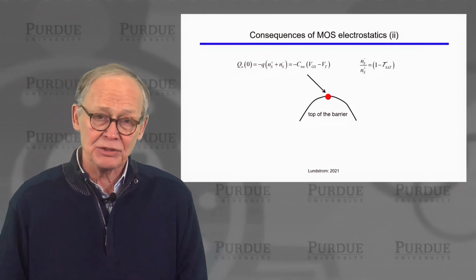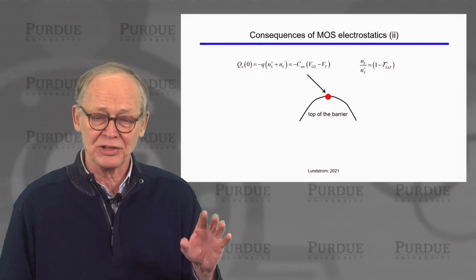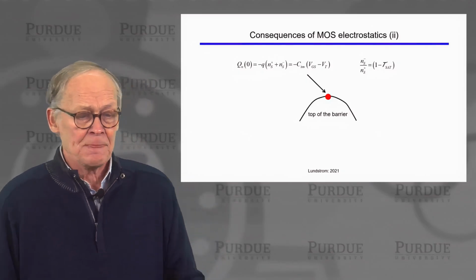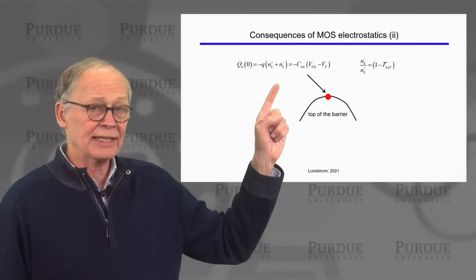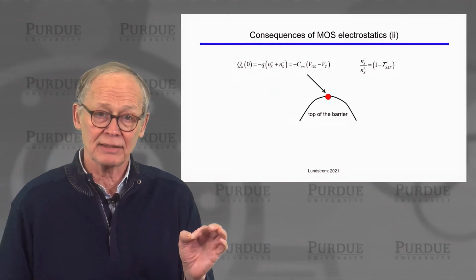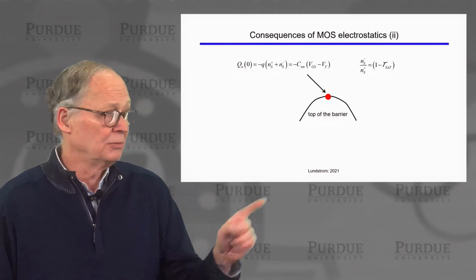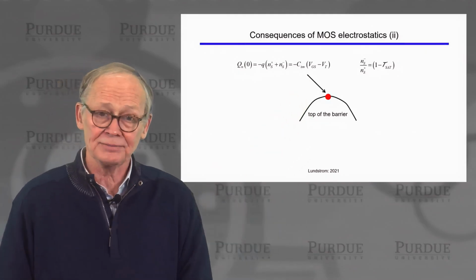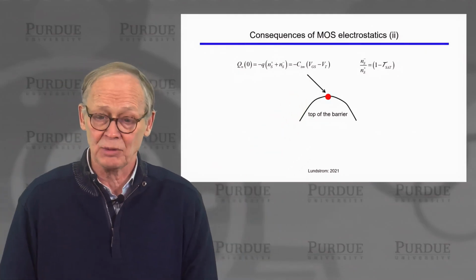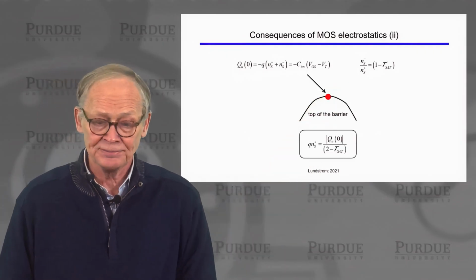Okay, so now we can return to our problem of deducing what the saturated current is. MOS electrostatics requires that the sum of the positive directed electrons and the electrons with negative velocities, their sum, is always the same, maintained by the gate voltage in MOS electrostatics, and we've just figured out what their ratio is.